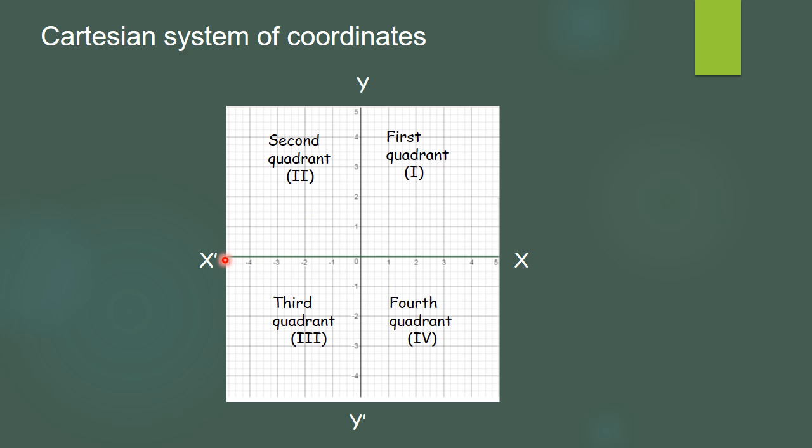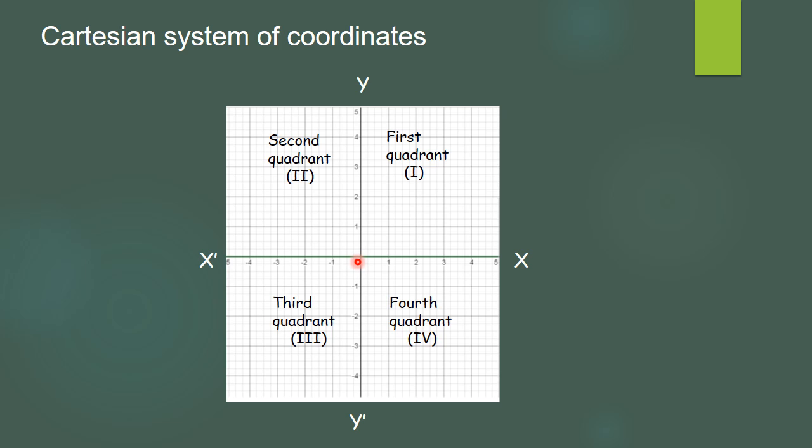We have studied that the first horizontal line drawn in the Cartesian coordinate system is called the x-axis. A perpendicular, or vertical, line is drawn, and that is called the y-axis. Where these two intersect is the origin.